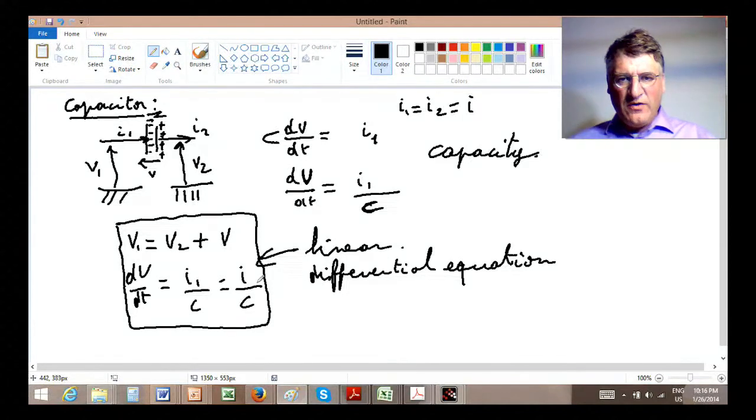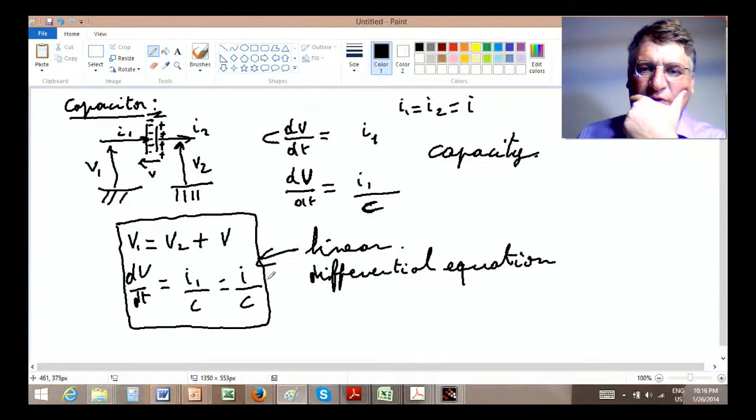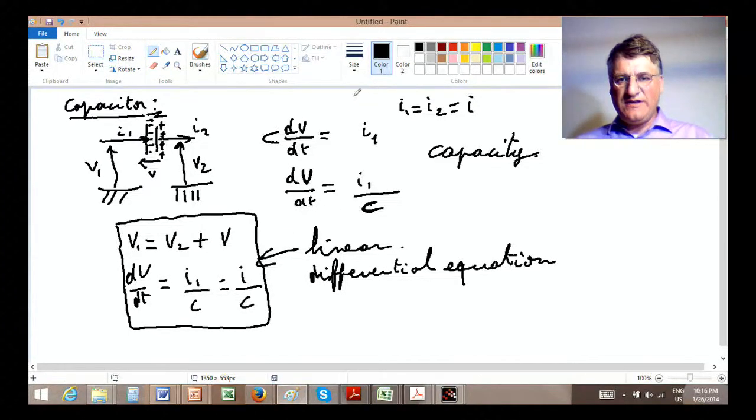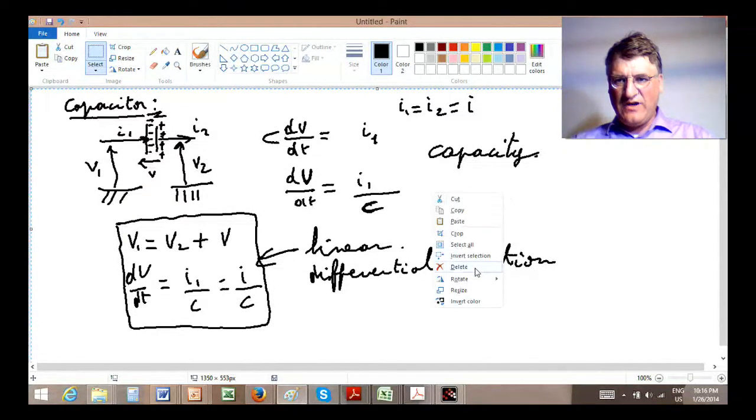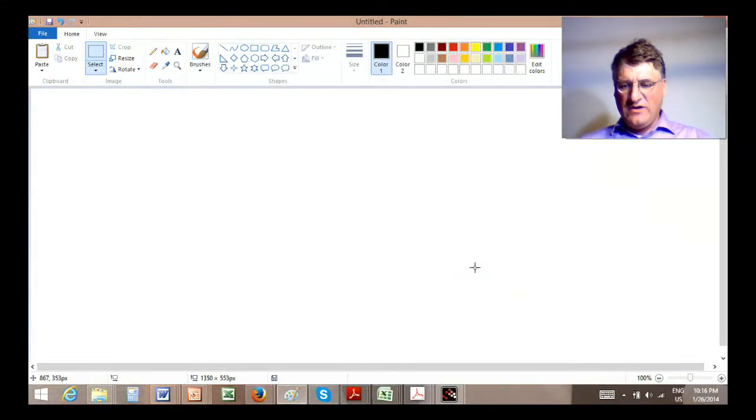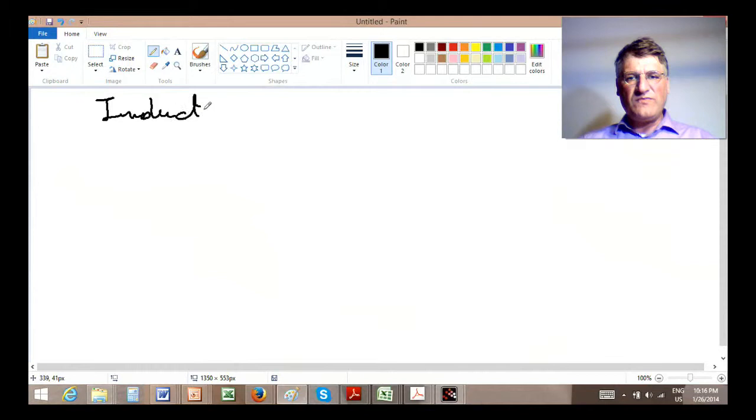Okay, so we will now look at another element, which is the inductor, or inductance. So an inductance works as follows.